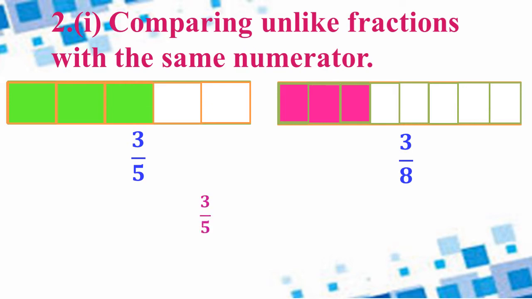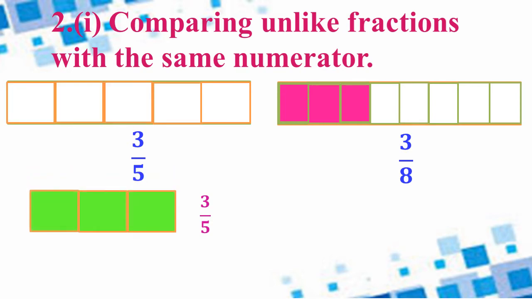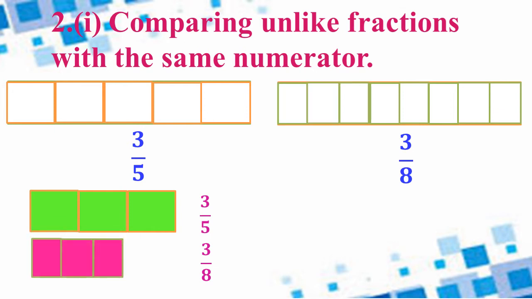In 3 by 5, we divide the whole into 5 equal parts and take 3 of them. In 3 by 8, we divide the whole into 8 equal parts and take 3 of them. Now, we can clearly see that the size of the equal parts in the fraction 3 by 5 is larger than in the fraction 3 by 8.